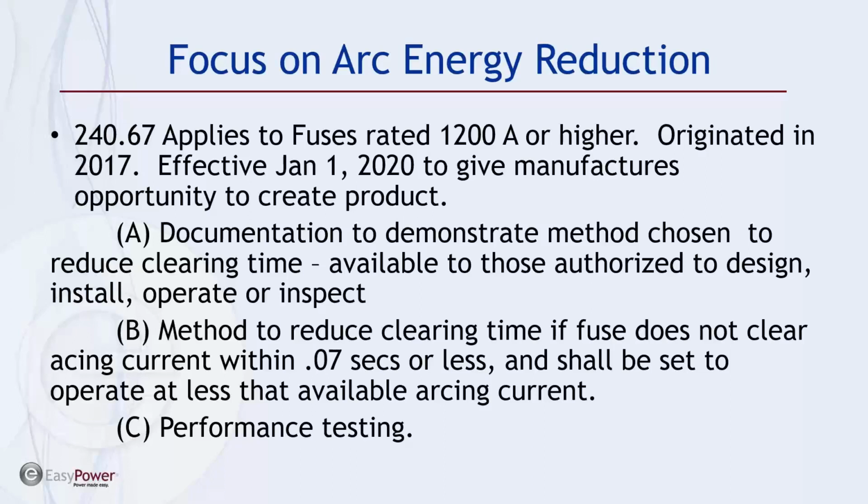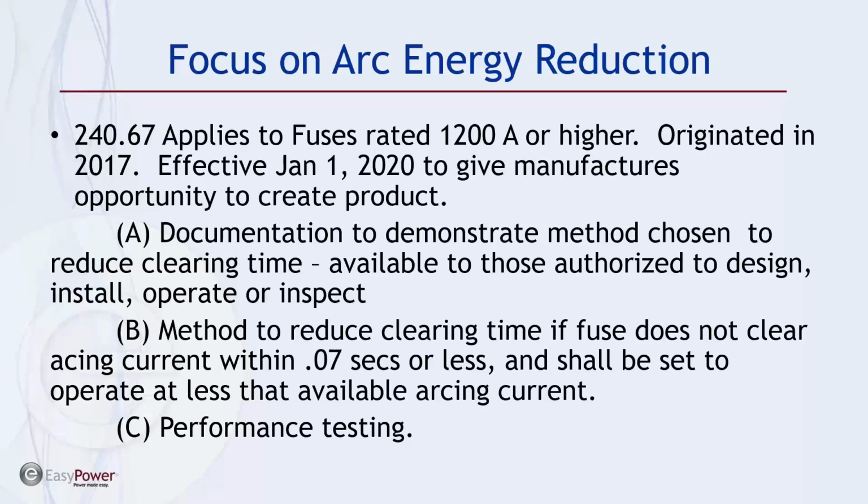There are three general areas in the article. One is documenting the method chosen to reduce the clearing time and making it available to those responsible for installation, operations, or inspection of new construction.